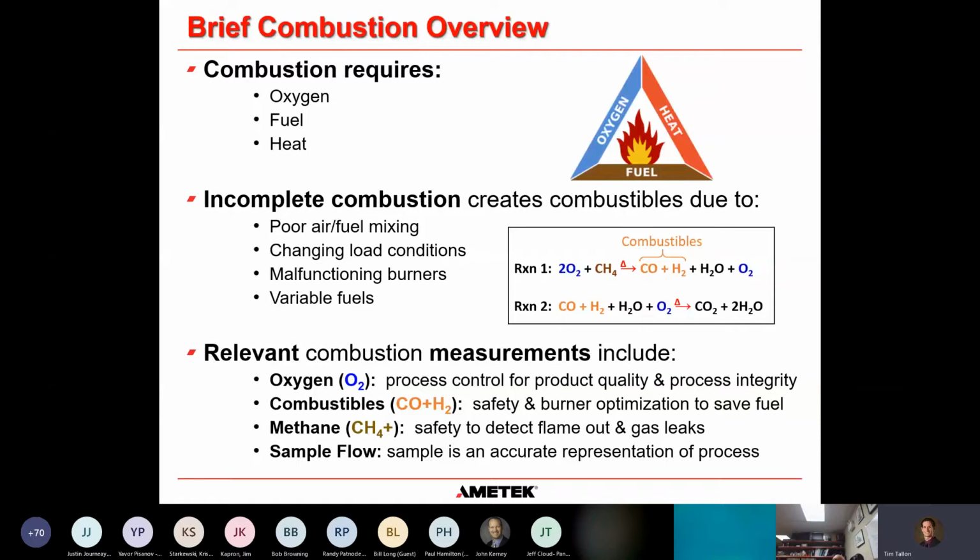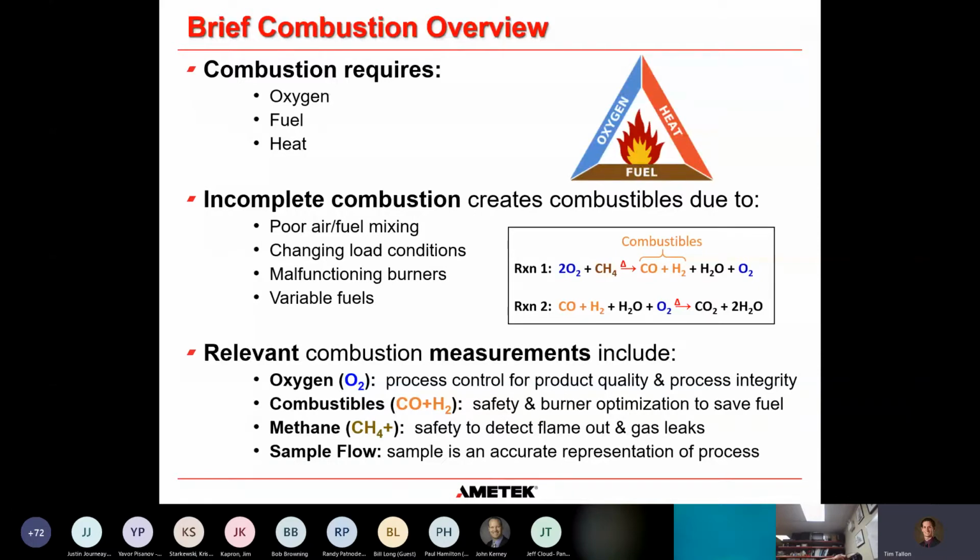Then the second reaction, if enough oxygen is available, is where that carbon monoxide and hydrogen react to form carbon dioxide and water. And that measurement of combustibles, incomplete combustion, is typically a result of poor air-to-fuel mixing, changes in the fuel loads, malfunctioning burners, and variable fuels.